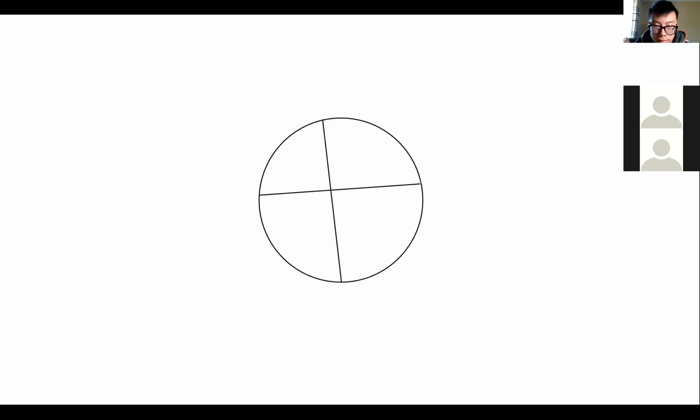So let's say we have these two chords. Let's also draw some more helping lines. Let's draw a line from here to here, and another line from here to here.